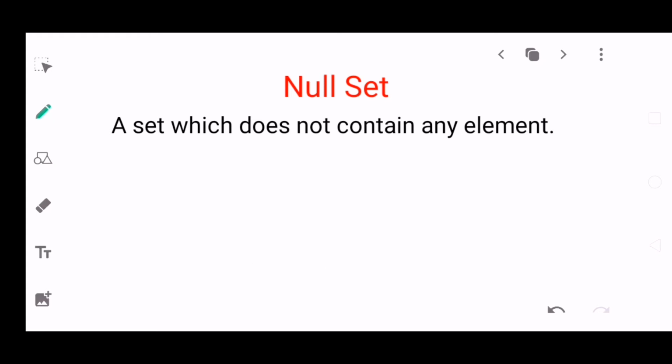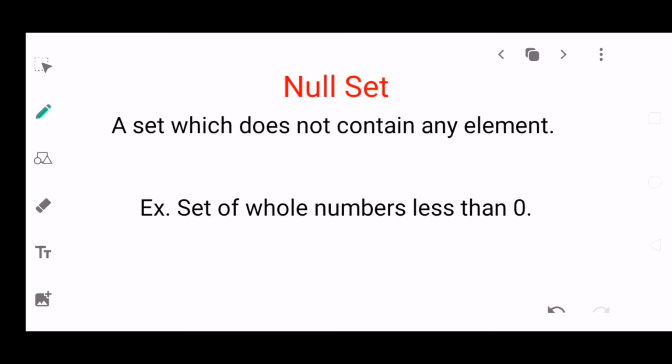An example for this is the set of whole numbers less than 0. We are sure that there are no whole numbers less than 0, because whole numbers start with 0, followed by 1, 2, and larger numbers. So technically, there are no whole numbers less than 0. Therefore, this is an empty set.